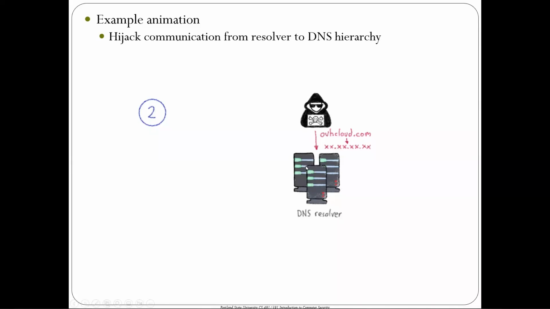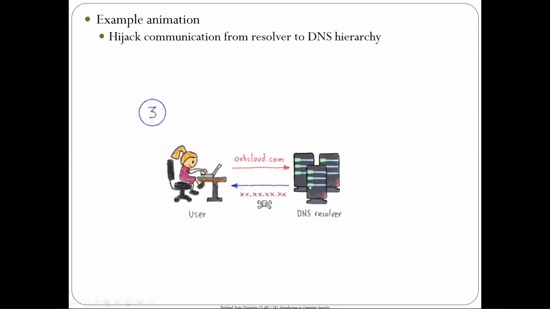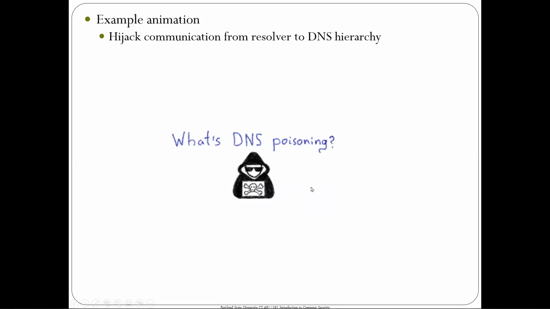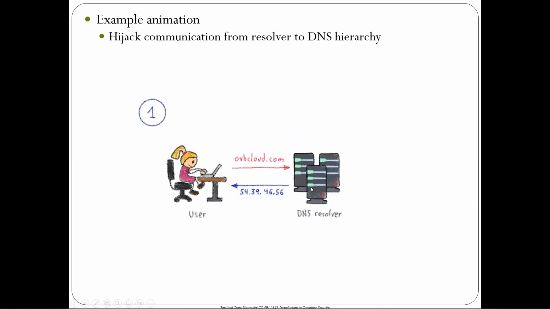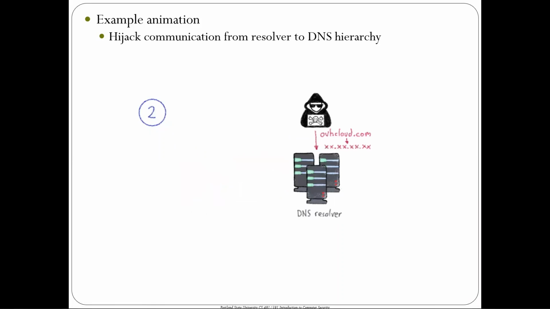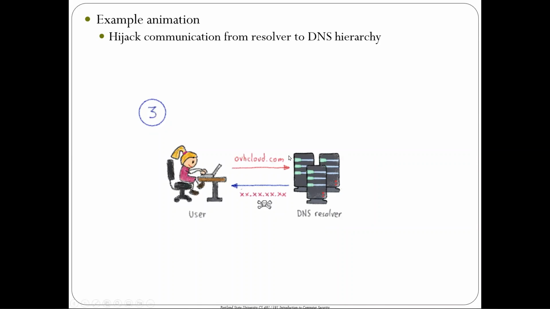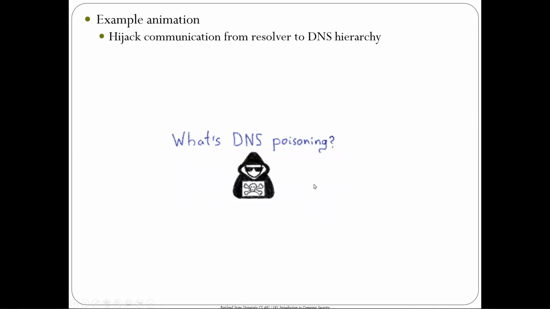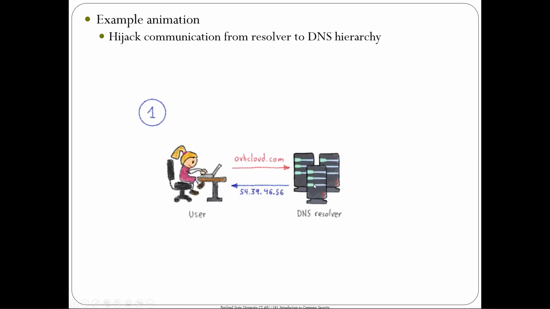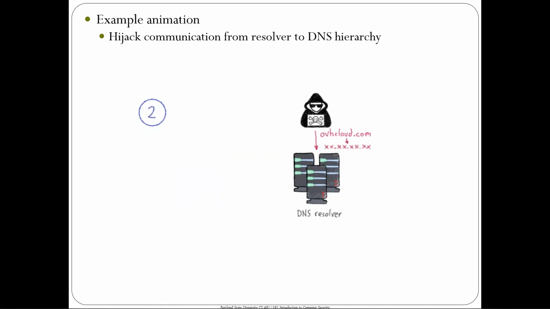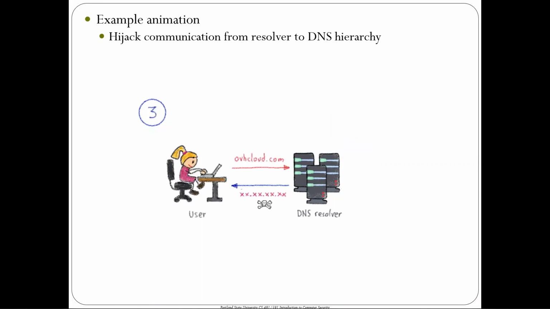Okay. The other way to do this is to hijack communication from the resolver to the hierarchy. So again, if this is the local DNS server for Portland State, then say you're in their data center, so the OIT machines are right over here, you would connect up to this, and you would monitor any queries going into and out of that resolver. And as soon as you saw this resolver attempting to query the hierarchy, you would poison the resolver's entry.